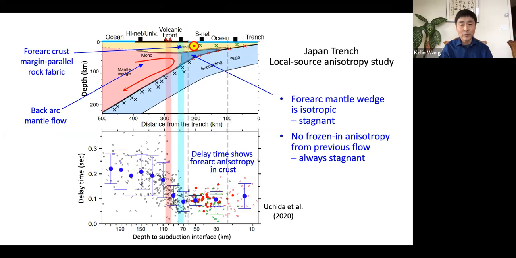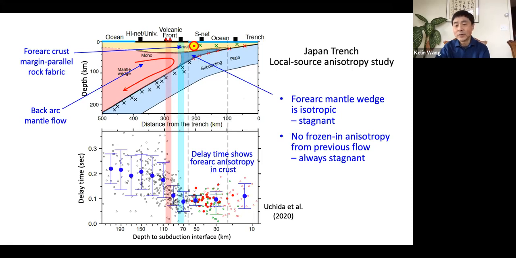And that's quite important. Because it's stagnant, it becomes colder and colder with the incoming plate here. And without the mantle wedge flow to supply more heat, it becomes cold and can host hydrous minerals. And also because it's cold, its mechanical state is expected to be quite different from the rest of the mantle wedge.